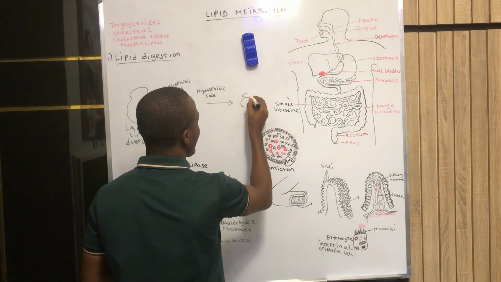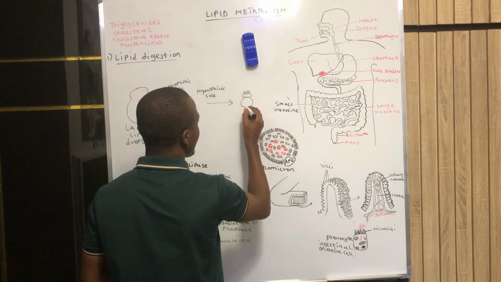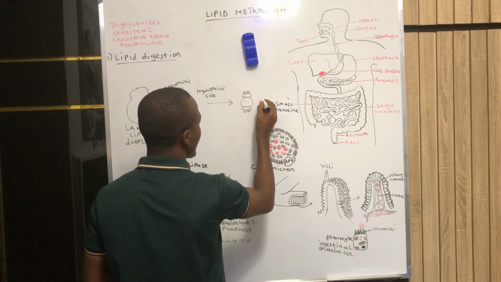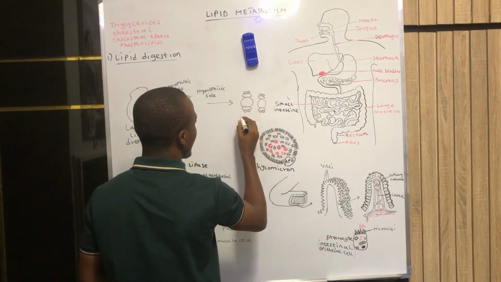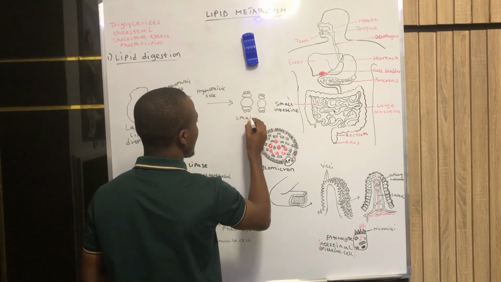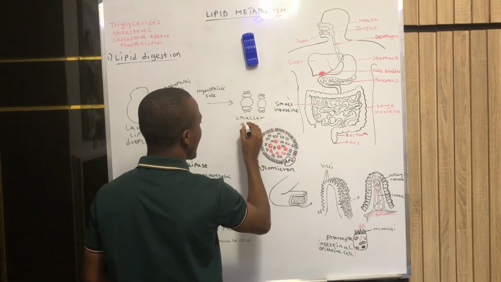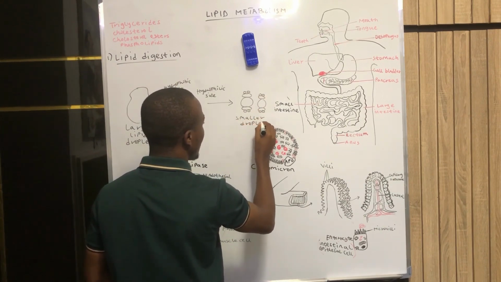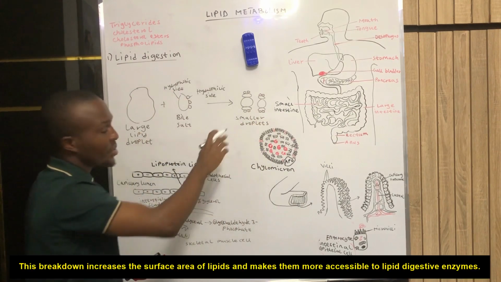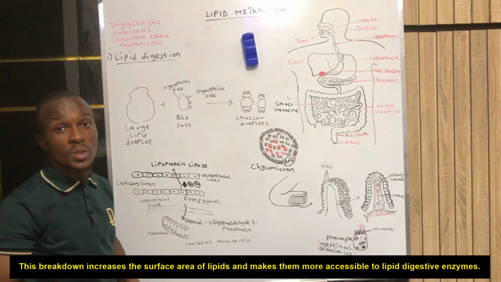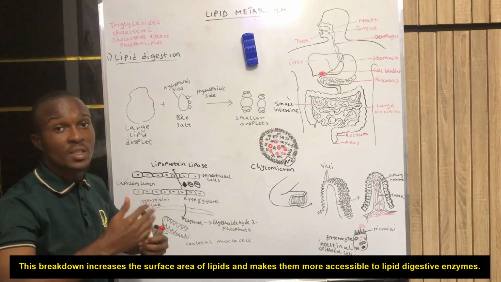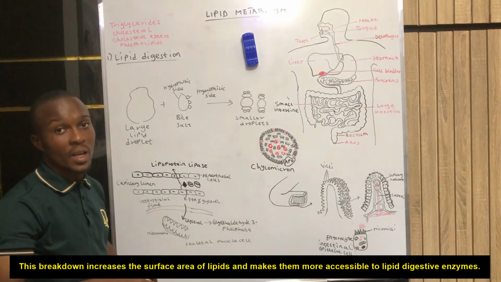These are smaller lipid droplets. And this breakdown increases the surface area of lipids and makes them more accessible to digestive enzymes.